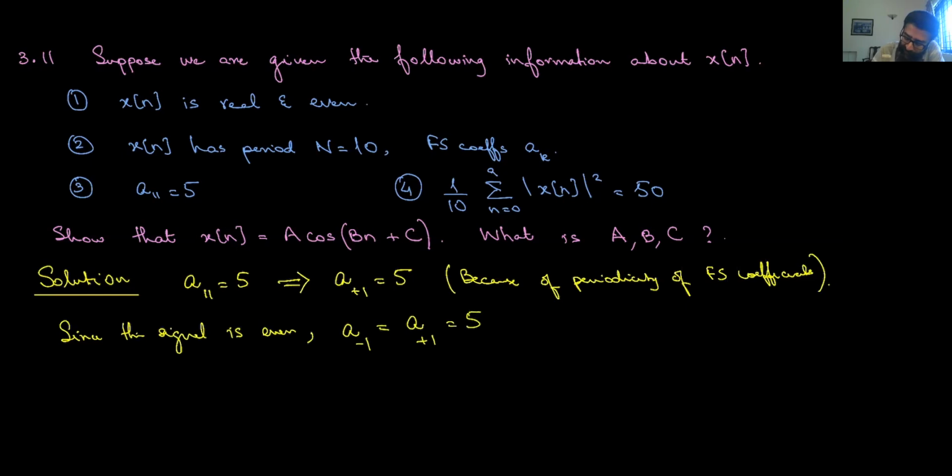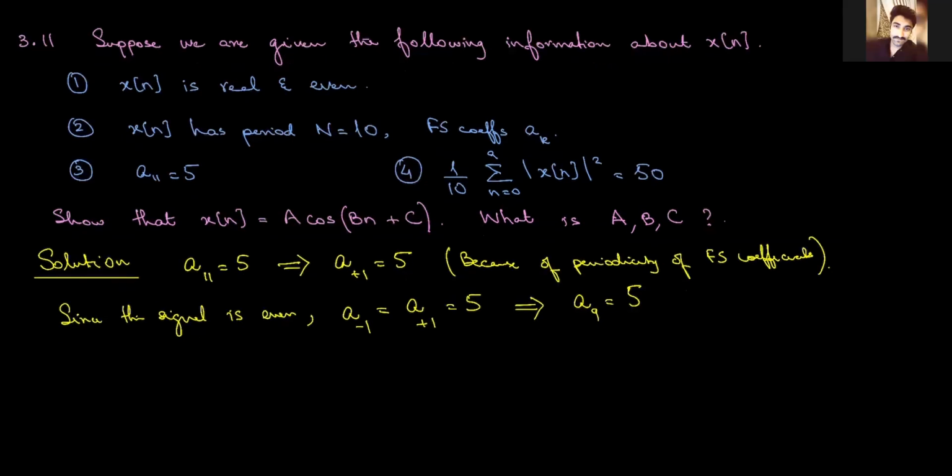So I can therefore claim that A9 is also 5. Why is A9 5? It's due to the periodicity property. So once again, minus 1 plus 10 equals 9.